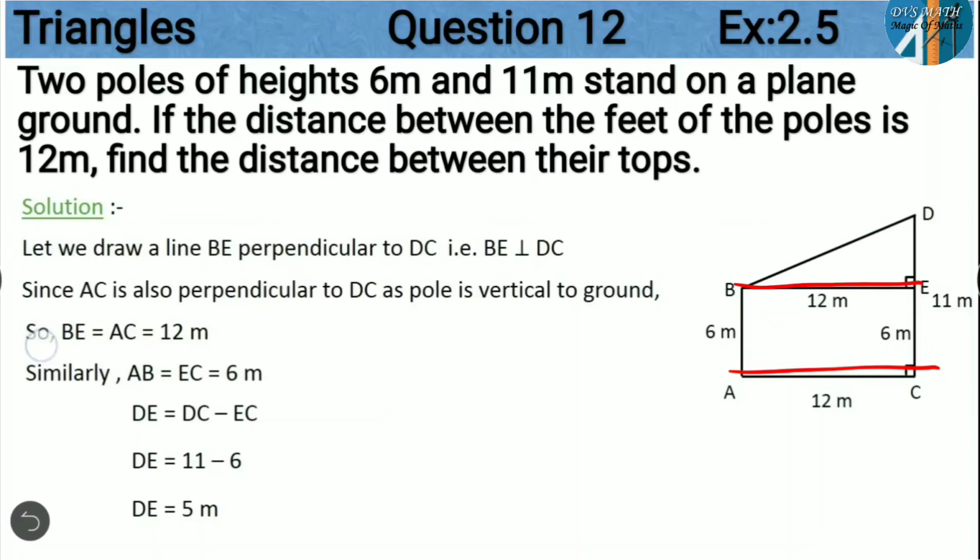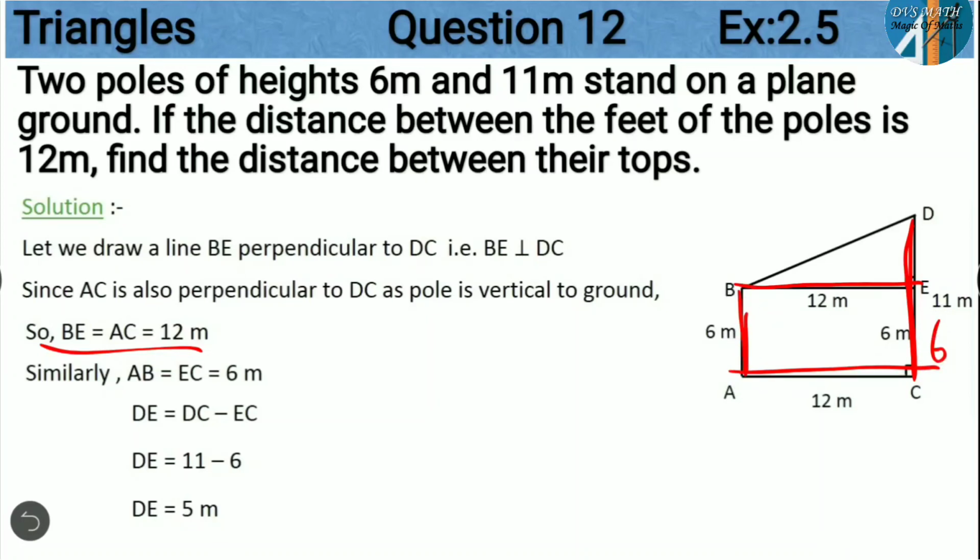So just write it as BE is equal to AC is equal to 12 meter. Then if you observe the whole CD, the whole CD is 11 meter, right? If you observe, AB and EC are both equal to 6 meter.